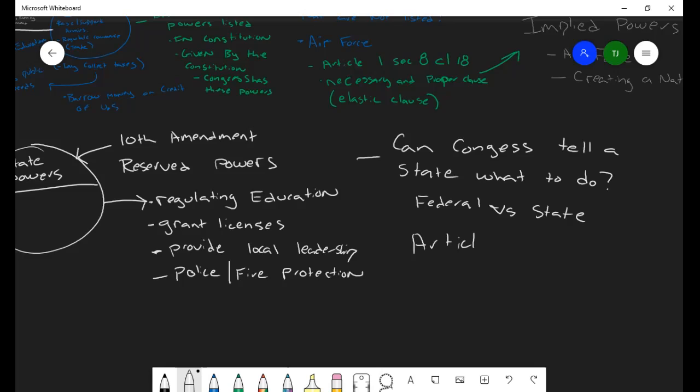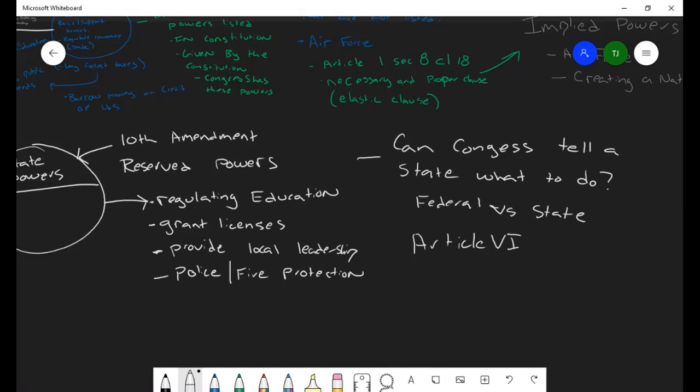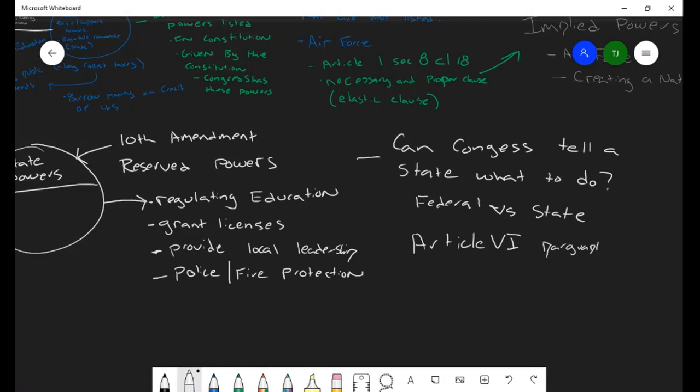Article 6, Paragraph 2, also known as the Supremacy Clause. Article 6, Section 2.